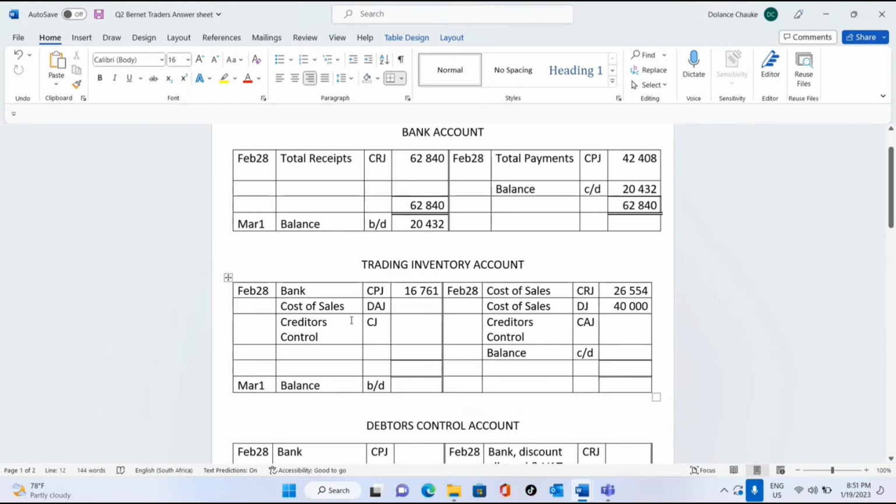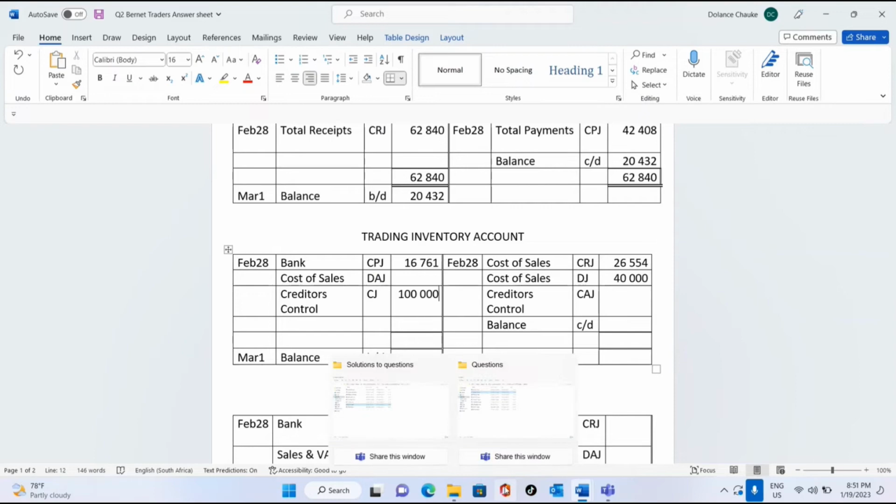You see, creditors control, CJ, creditors journal, 100,000. You're going to go there and say 100,000. So this part of the folio is very important. You see, there's creditors control, but this one we know is from the creditors journal, and this one is going to be from the creditors allowances journal. So I hope you understand that part. Okay, so let's proceed.